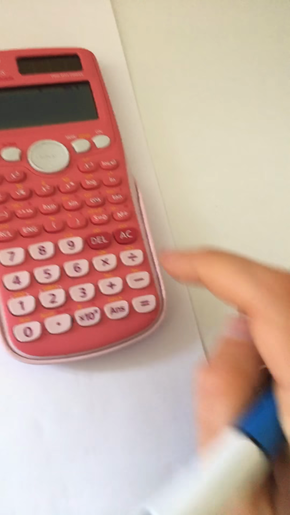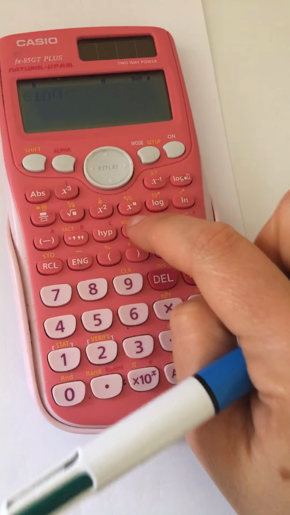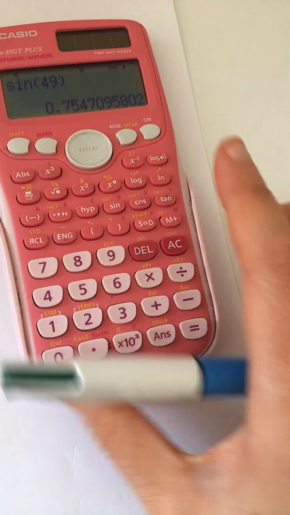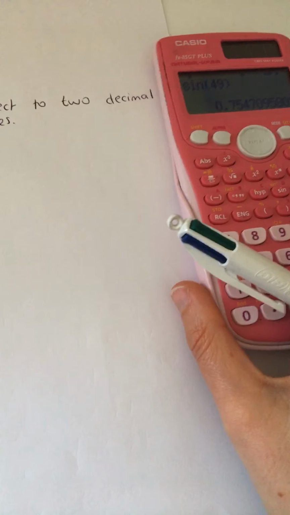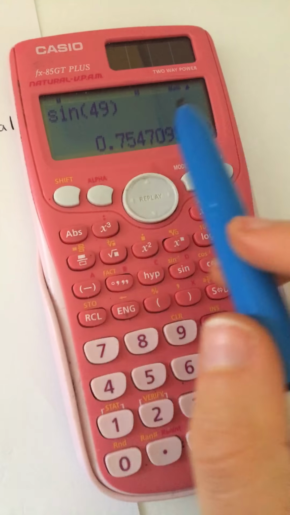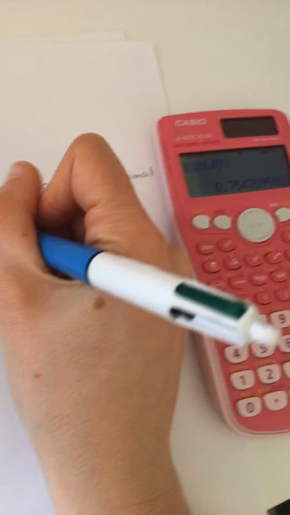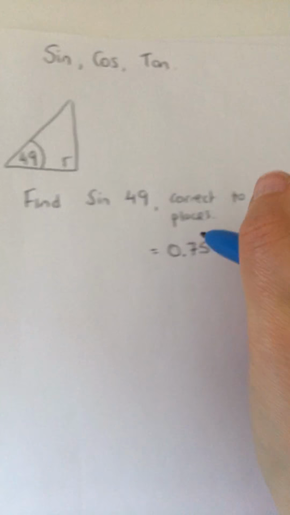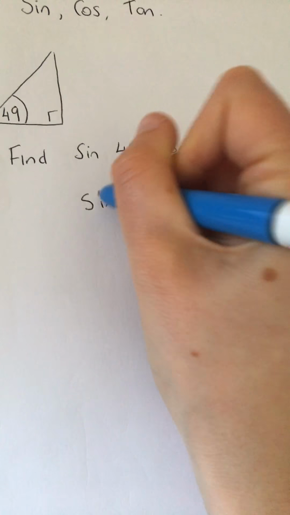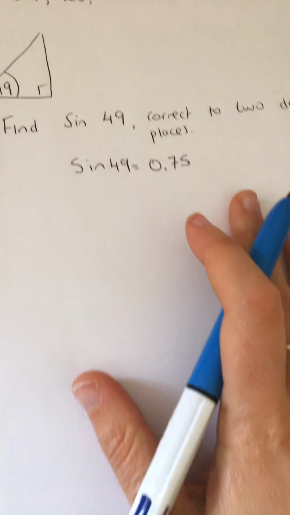So you just go to your calculator, you go sine 49, close your bracket, equals, and there we go. Correct to 2 decimal places, so it equals 0.75. And that's that.